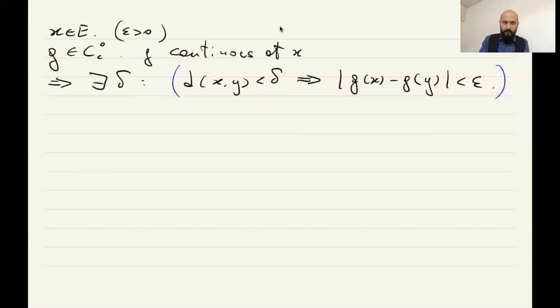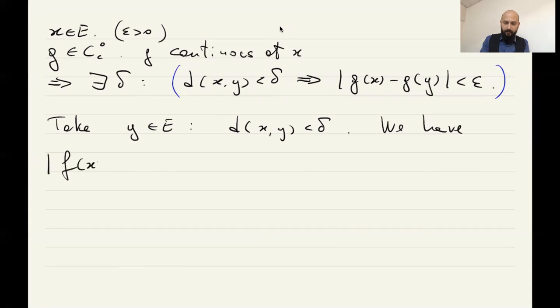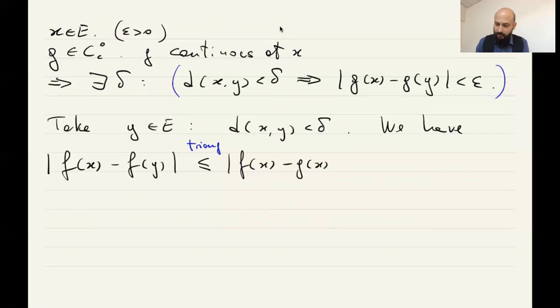Now take y in E such that the distance between x and y is less than delta, and let's consider the distance between f(x) and f(y). By the triangle inequality, we can write this as f(x) minus g(x), plus g(x) minus g(y), plus g(y) minus f(y).